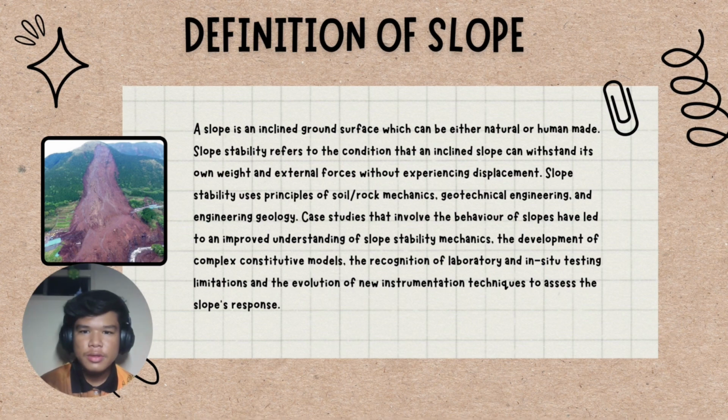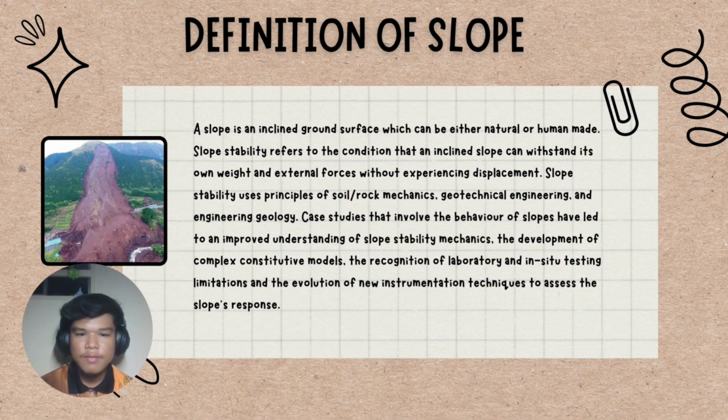Definition of slope. A slope is an inclined ground surface which can be either natural or human-made. Slope stability refers to the condition that an inclined slope can withstand its own weight and external force without experiencing displacement. Slope stability uses principles of soil or rock mechanics, geotechnical engineering, and engineering geology.